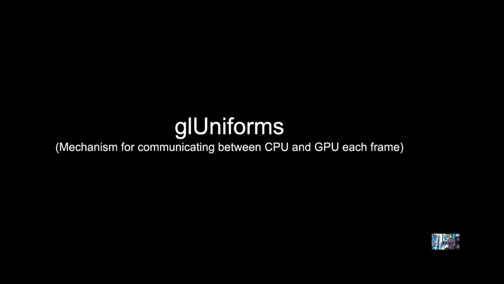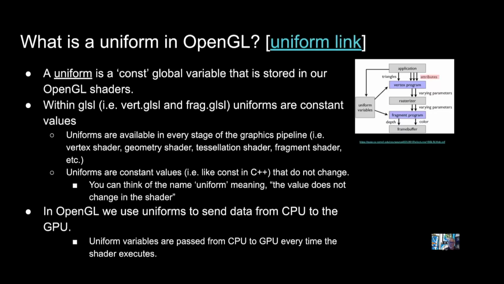These are the GL uniforms. They can be of different types. It's a global variable that's available to all of the shaders. It is exactly like a global variable. I know we're all told not to use global variables, and here am I telling you to use global variables. That's okay. Get used to it. We're now at the very, very core of hardware where global variables actually make sense.